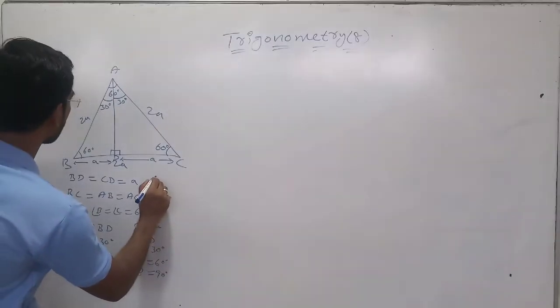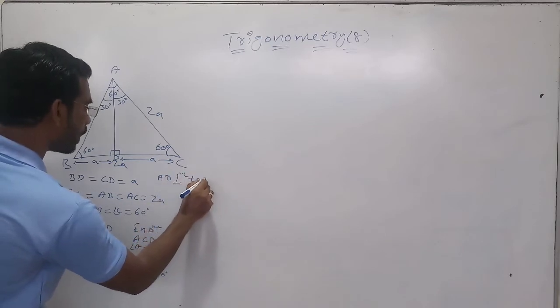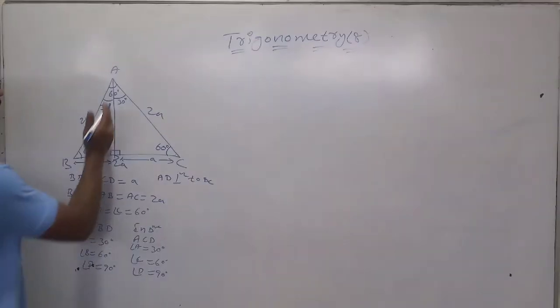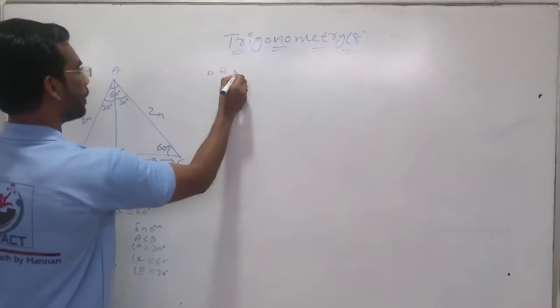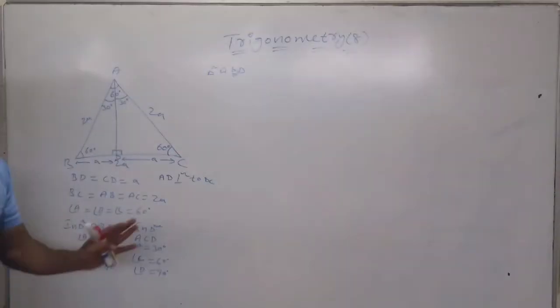Okay. Therefore, AD is perpendicular to BC. Now we will take one half of the triangle, that is triangle ABD.